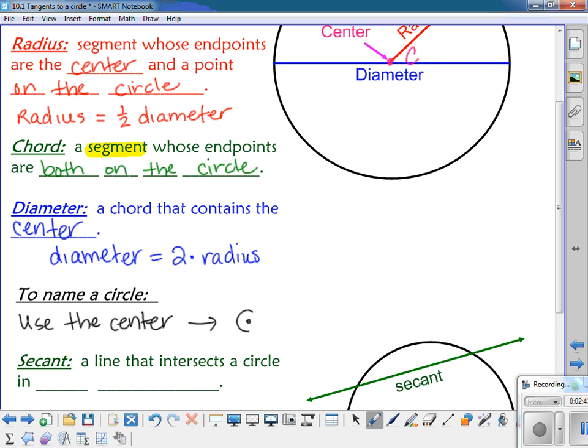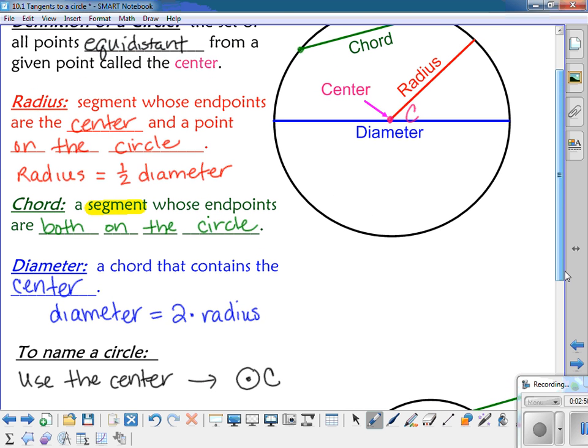And usually they'll draw a circle with a point like that to mean circle, and then the letter C. So that first circle that we drew, that was circle C if I call that center point C. Okay? Does that make sense? Okay.